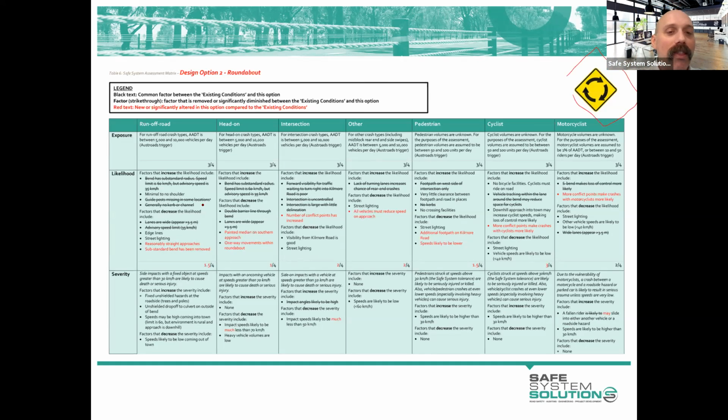Then you'll see that things get crossed out or things get added, and we add them in red so they stand out, or cross them out. That means when they've built this roundabout, either that factor has been removed, or this new factor has been added. The new factor could be something that increases or decreases the likelihood of crashes.